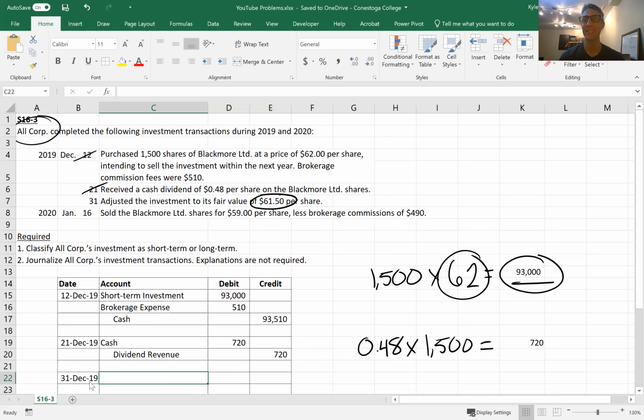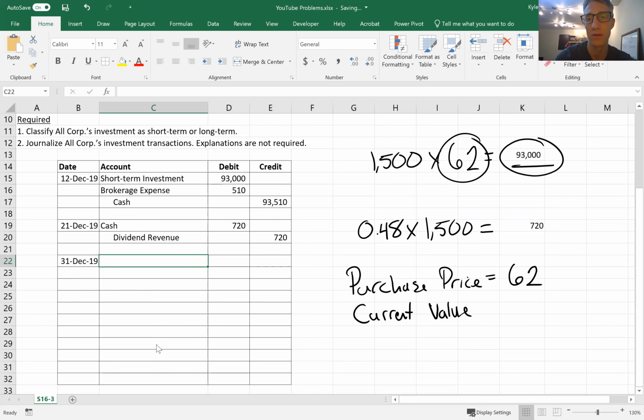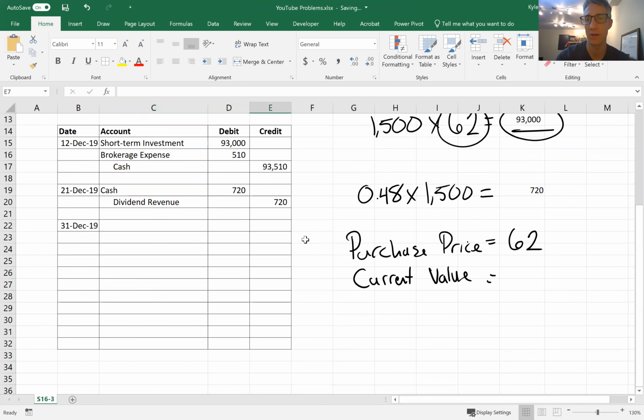So this organization has what's called an unrealized loss, right? The purchase price here was $62 per share. Its current value, I believe, was $61.50 per share.